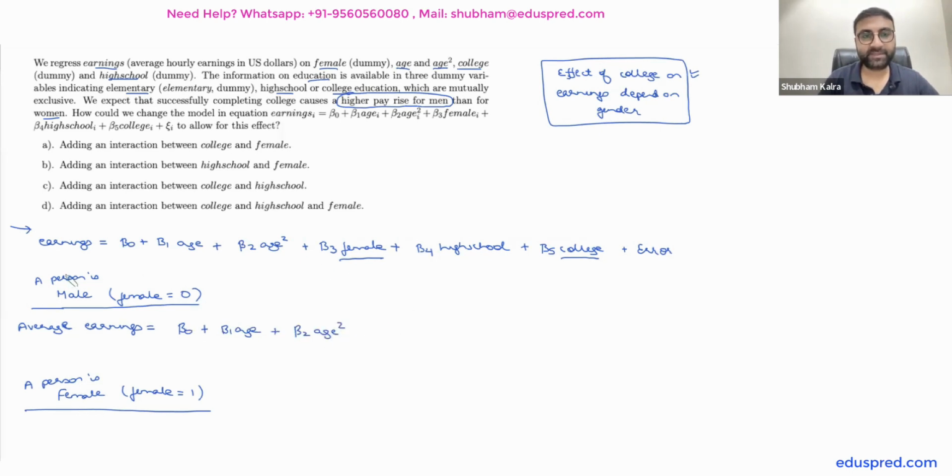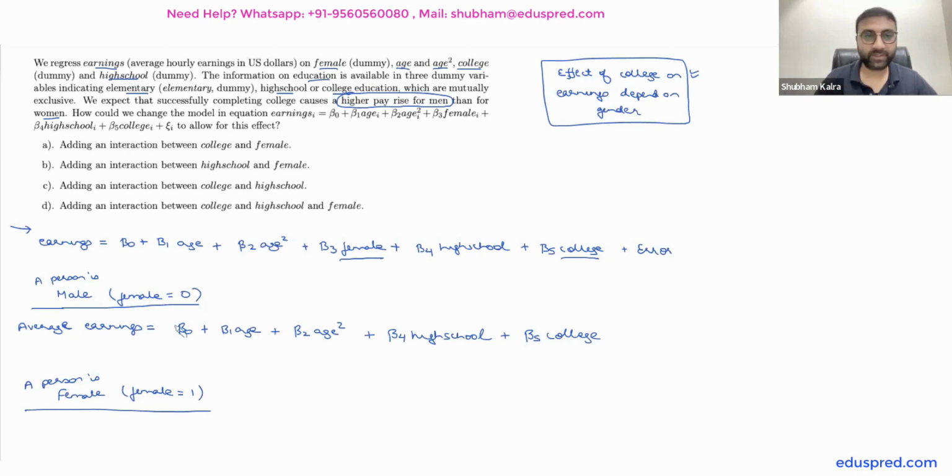Now, because this person is a male, that means the female dummy variable will take the value 0. Okay, so this will become beta 3 multiplied by 0. That means this term will just vanish. Okay, plus beta 4 high school plus beta 5 college. Okay, and I don't have to write plus error because I'm writing the equation on an average basis. I'm writing average earnings over here, right? So this is how the equation is going to look for a male.